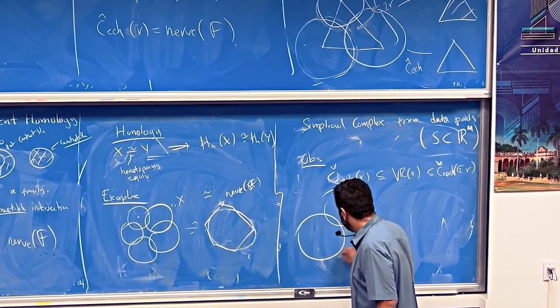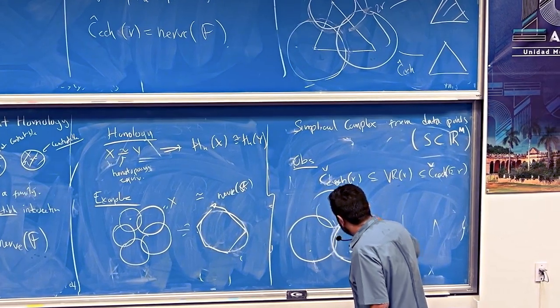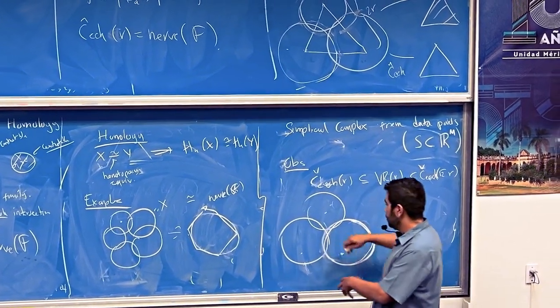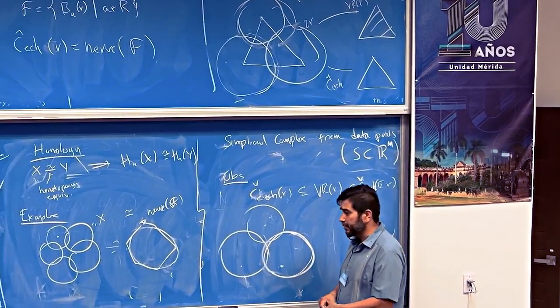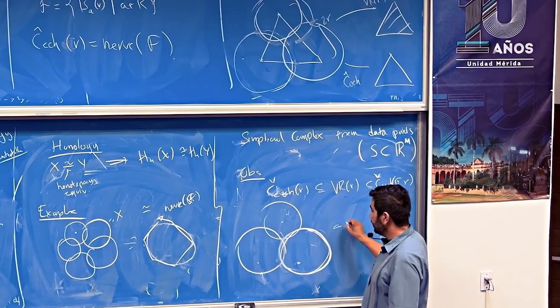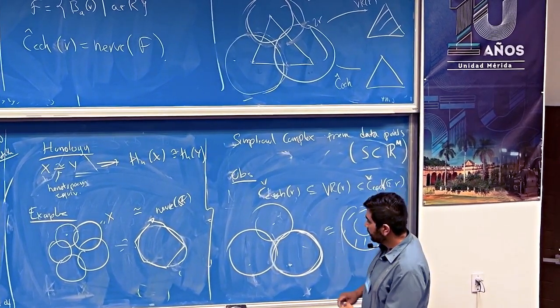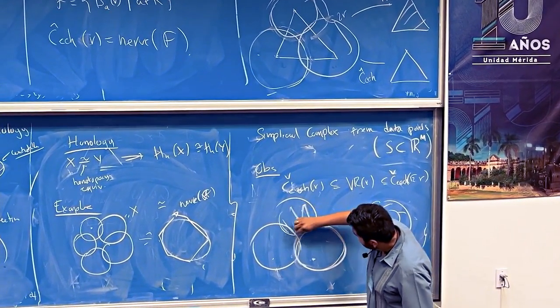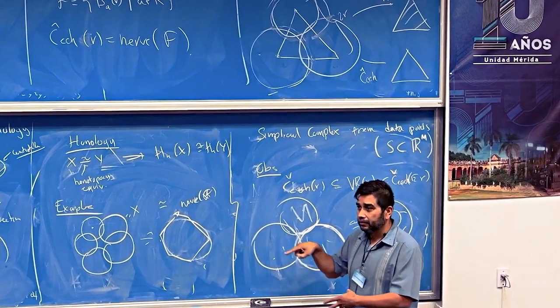We have three balls where every pair of balls intersects, but there is no triple intersection. So the homotopy type of this thing is basically the same as an annulus, because you have this ball and this ball, and you have this hole in the middle.